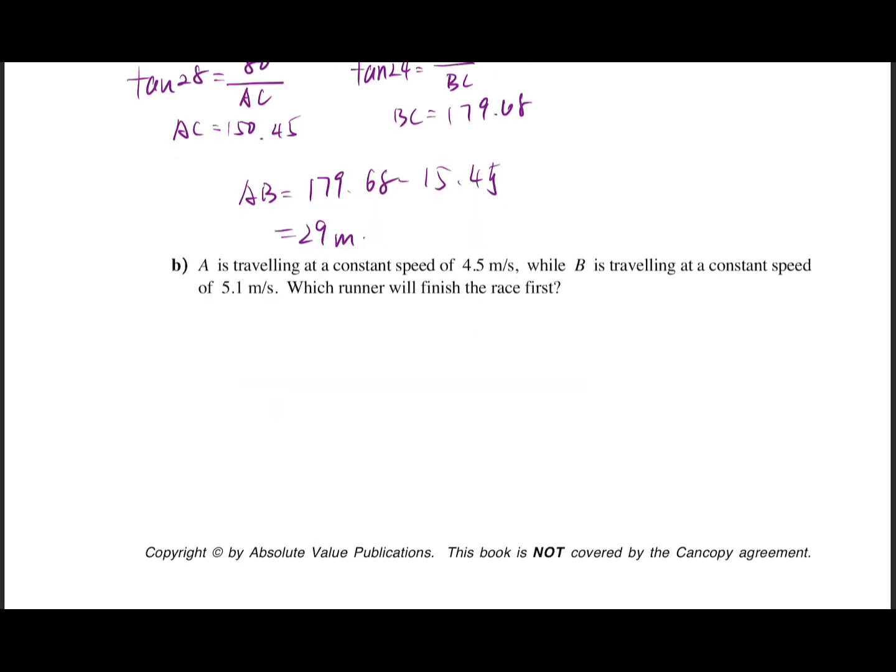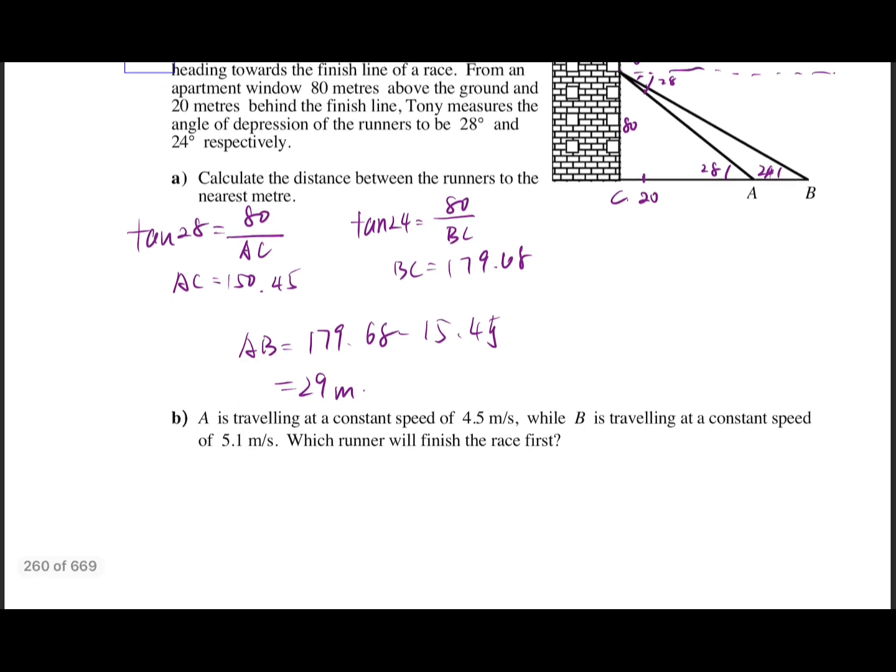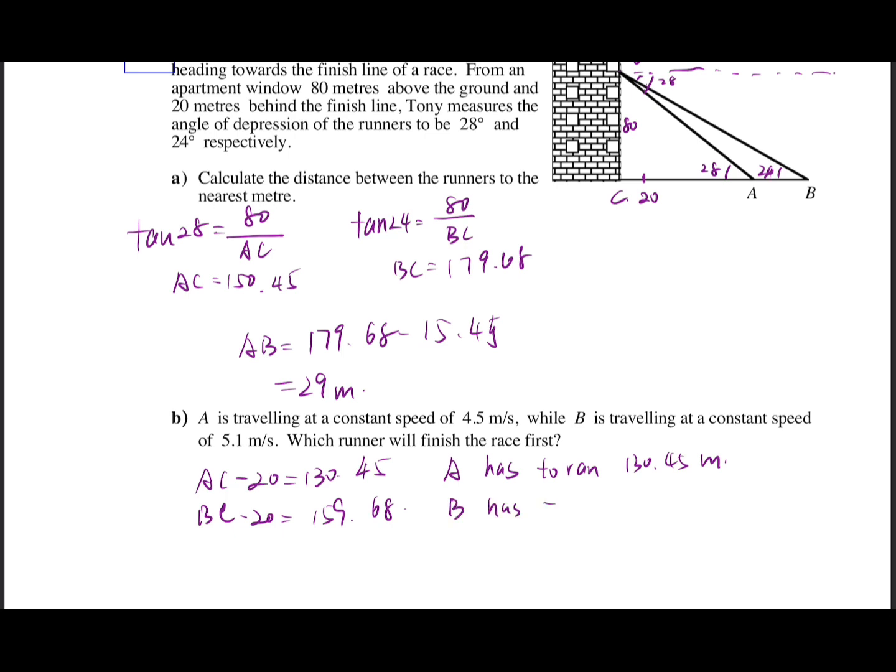Okay, A is traveling at a constant speed, and B is too, so who runs faster, who will finish first. And for the finish it's 20 meters. So for this part, we need to find C minus 20 equals 135, so A has to run this long, and B minus 20 equals, so B has to run this.